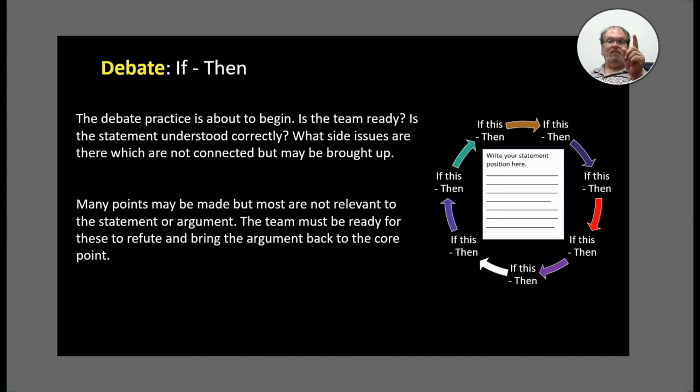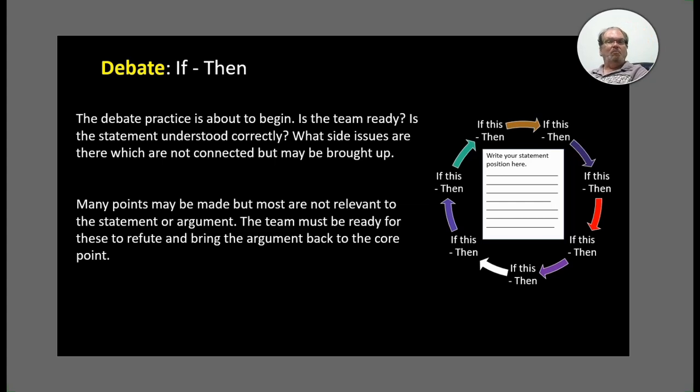Because if this, then that is not true. If that is not true, then this is true. So the cycle goes round. If yes, then no. If no, then yes. The cycle goes round and round, and you use it for all your arguments from every team member, and you get together and do it.